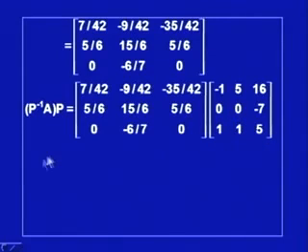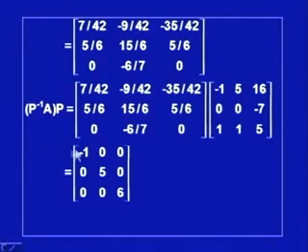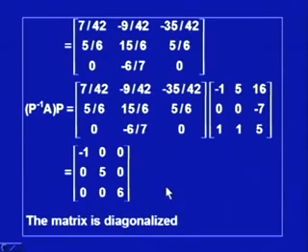When you perform this multiplication, this comes out to be this matrix, and one can notice that minus 1, 5 and 6, these are the diagonal elements, which are actually the eigenvalues of the given matrix A. One can check, if you first multiply this row by this, we will get minus 1, and when this is multiplied by this, one can check that this comes out to be 0, and so on. So, P inverse AP is a diagonal matrix, and we say the matrix is diagonalized.